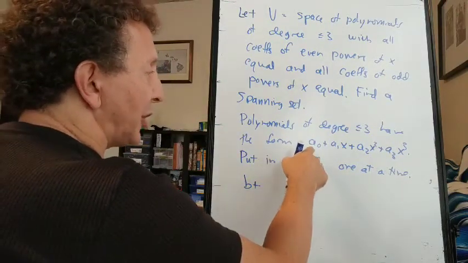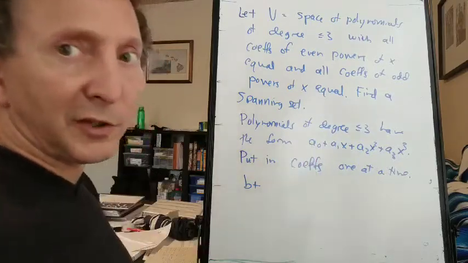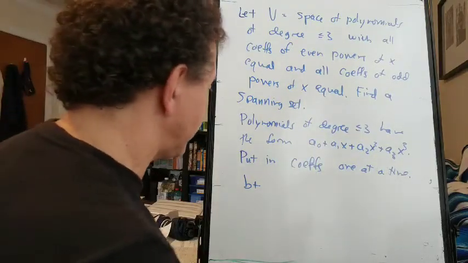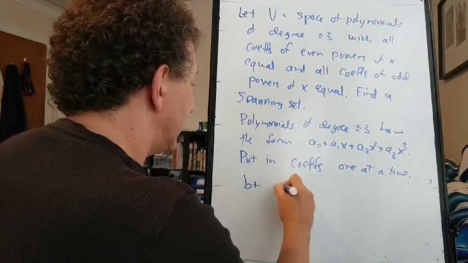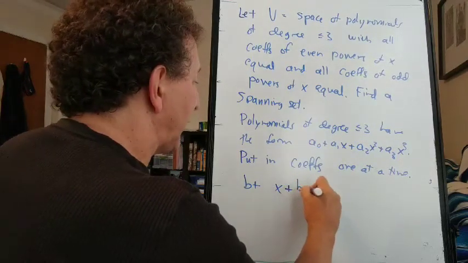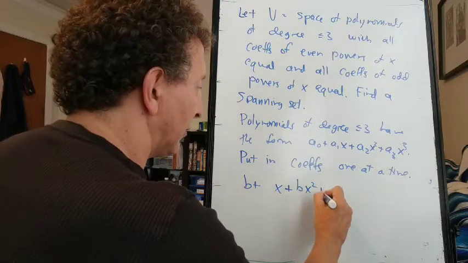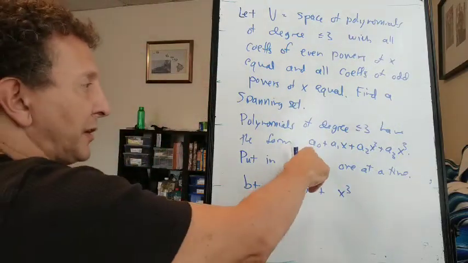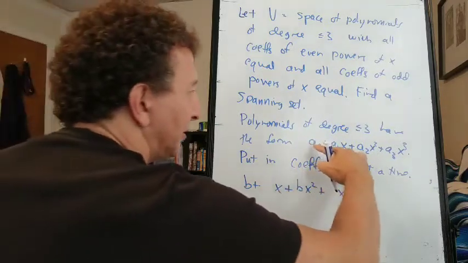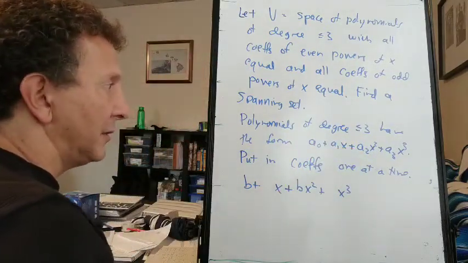Now the constant term is constant term times x to the 0th power, and 0 is even. So that means if we pick that one to be b, then we have to pick the coefficient of x squared to be b also. So choosing this coefficient actually chose two coefficients for us.